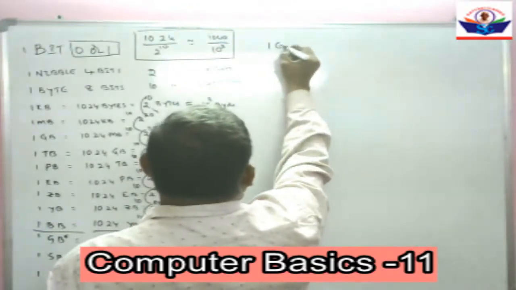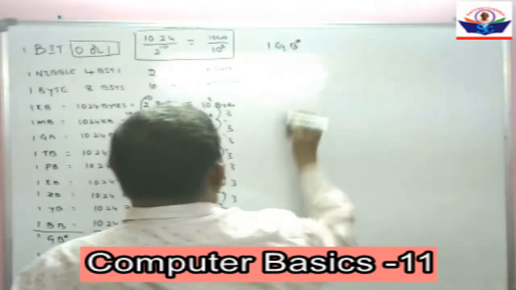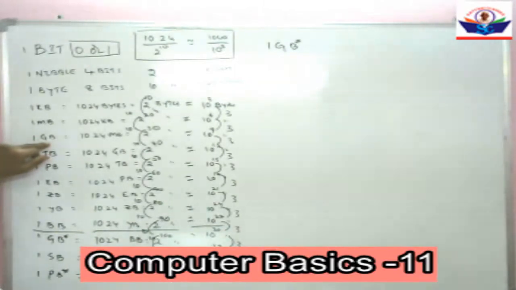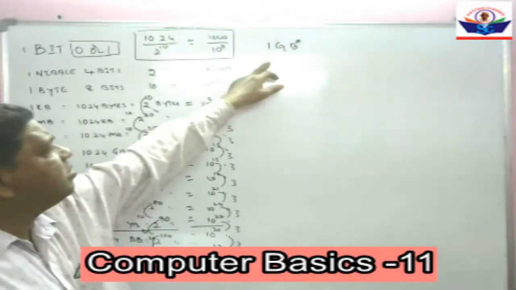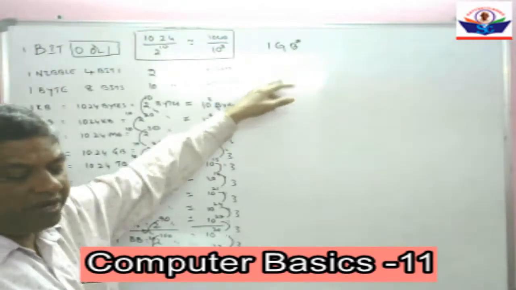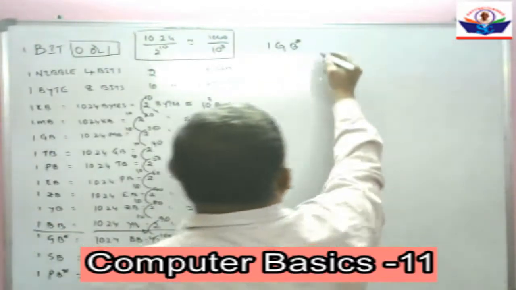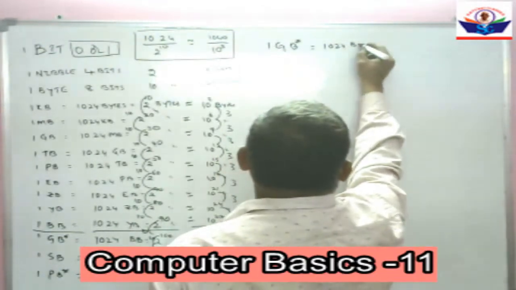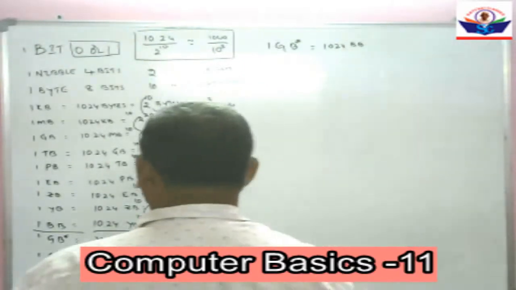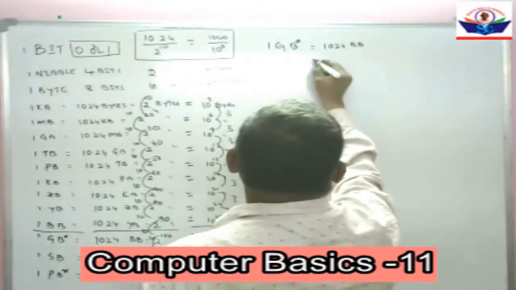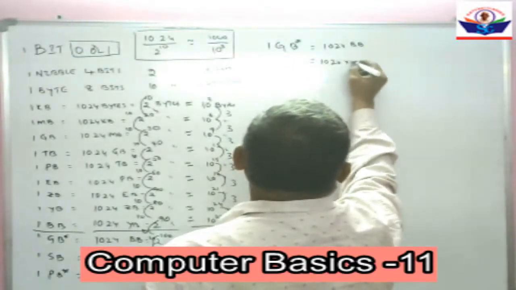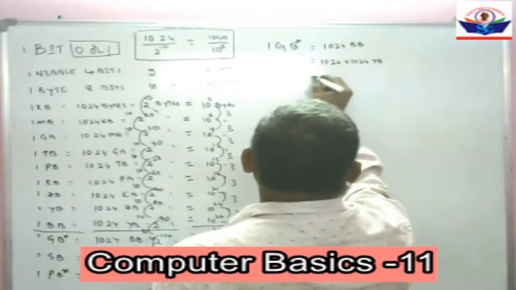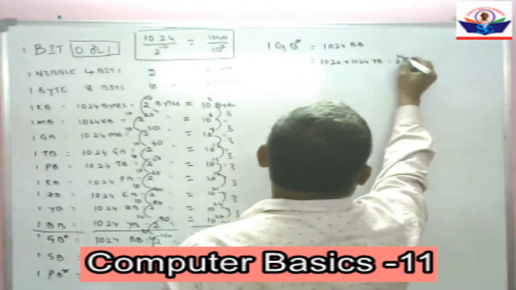1 geobyte star. Why are we giving star? Already GB is there, gigabyte. So we have given GB star. GB star means geobyte, which is equal to 1024 brontobytes, which is equal to 1024 into 1024 yottabytes.